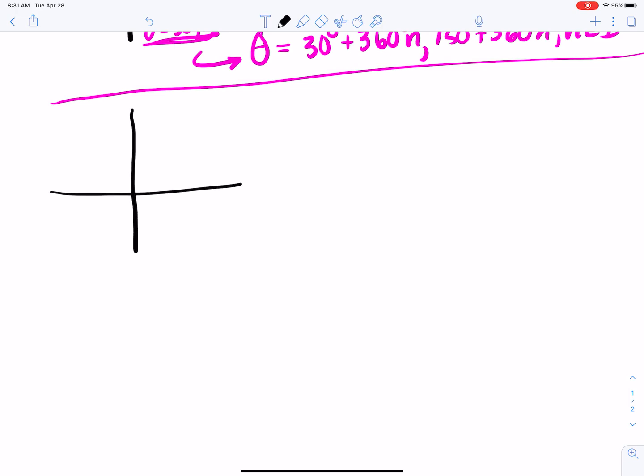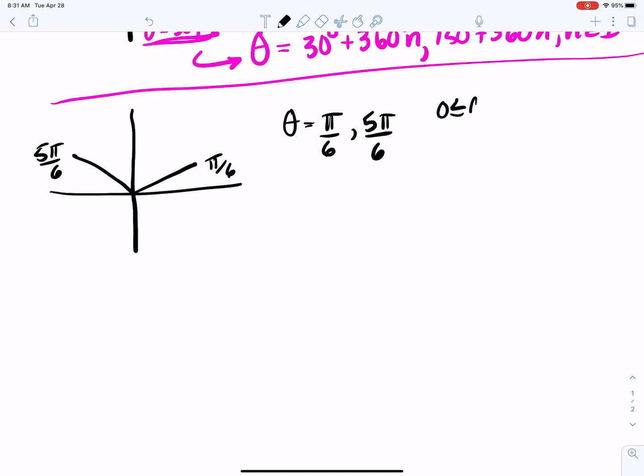So let's say I had the same thing, but it was pi over 6 and 5 pi over 6. So let's say I solved an equation, and these are my two solutions within this domain. That would be the solution to that problem.